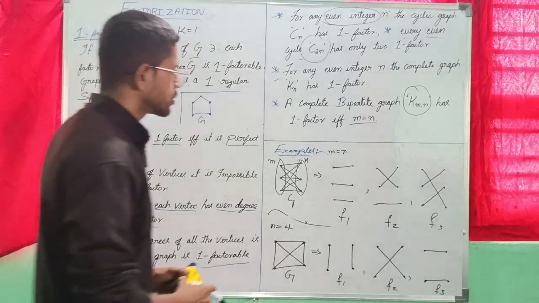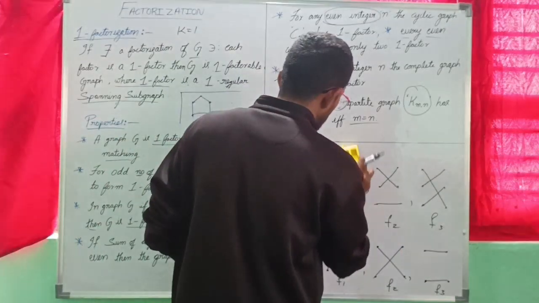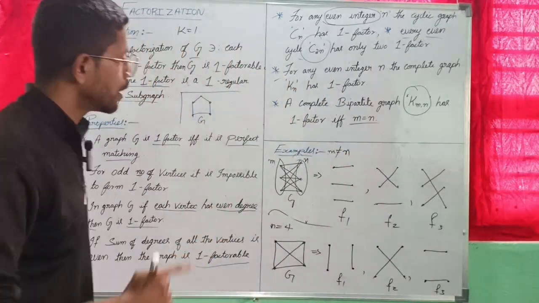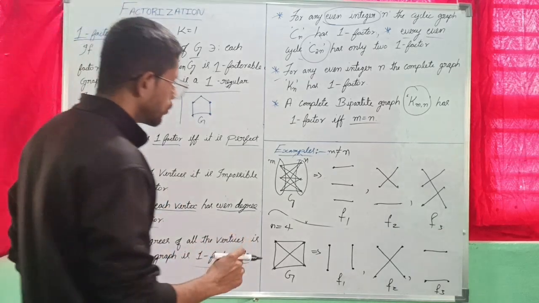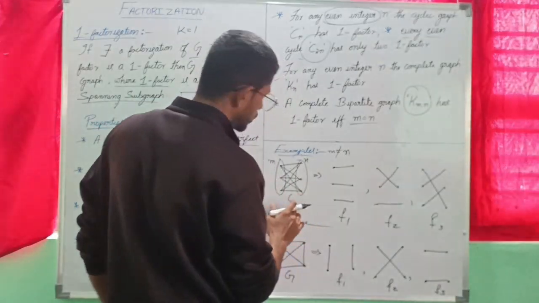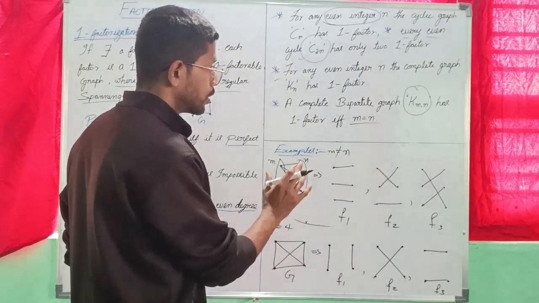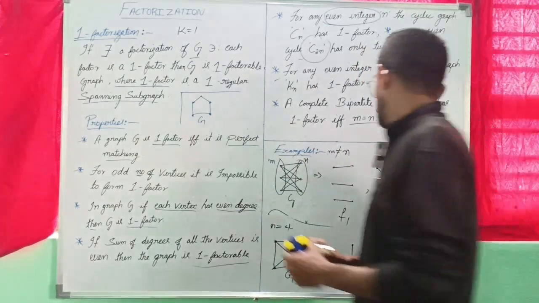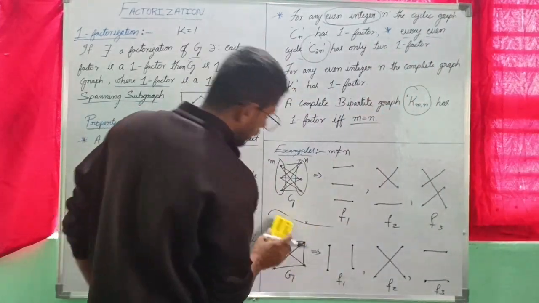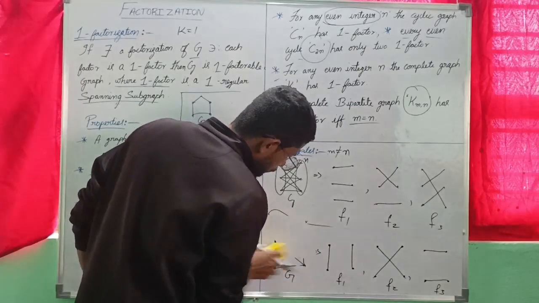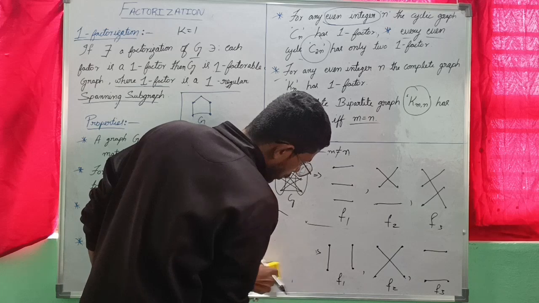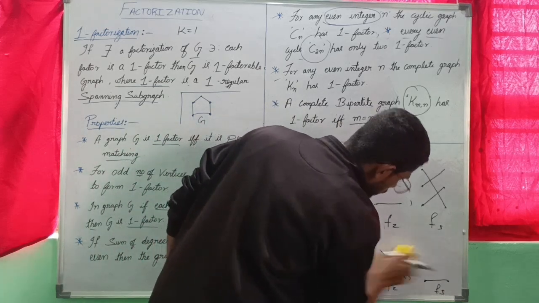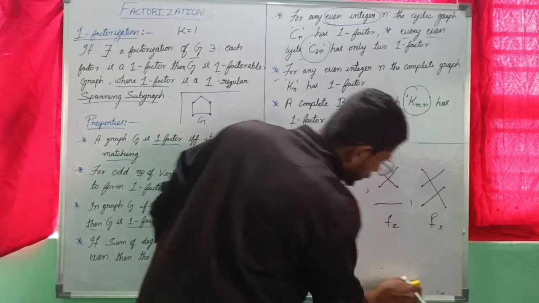And also we can study when m is not equal to n. If m is not equal to n, we will not get a one factorization here. Let us take an example for this also. If m is not equal to n, there is no one factorization.